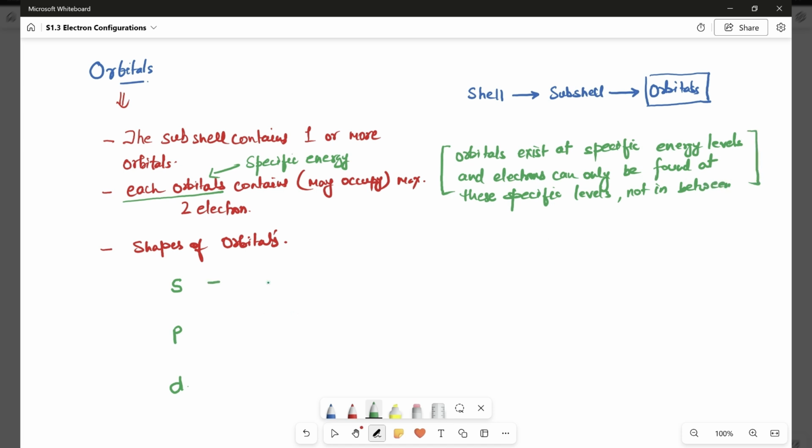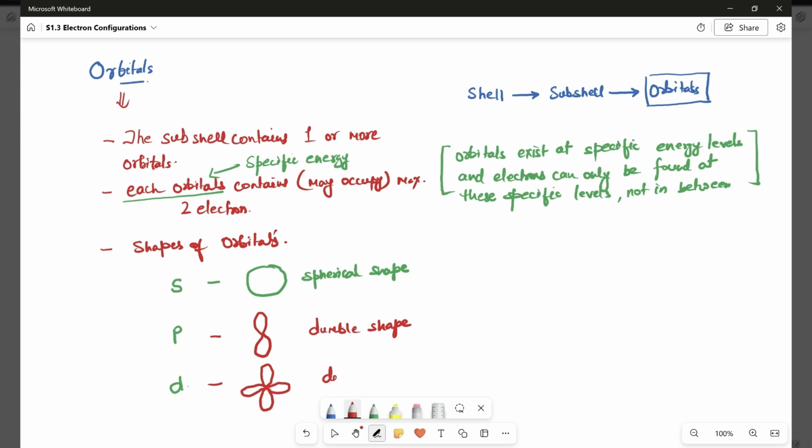So s has a spherical shape, right? P has a dumbbell shape, d has a double dumbbell shape like this, right?